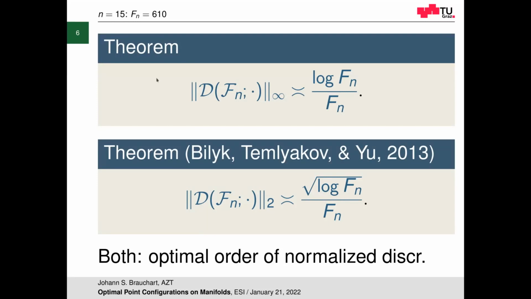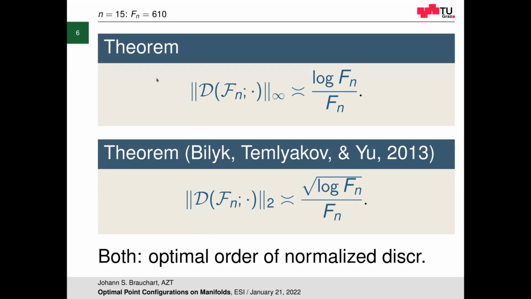That means that on the right-hand side there appears this factor 1 over the number of points. Usually the number of points is included in the definition of the discrepancy. So we have optimal order for this, and then we have optimal order for the L2 discrepancy as well, which goes back to a paper by Bilyk, Temlyakov, and Yu from 2013.